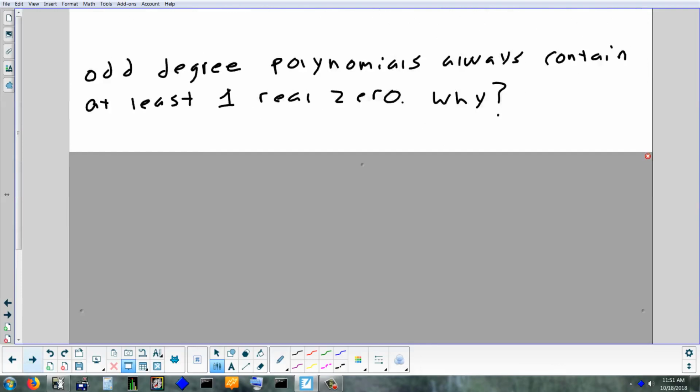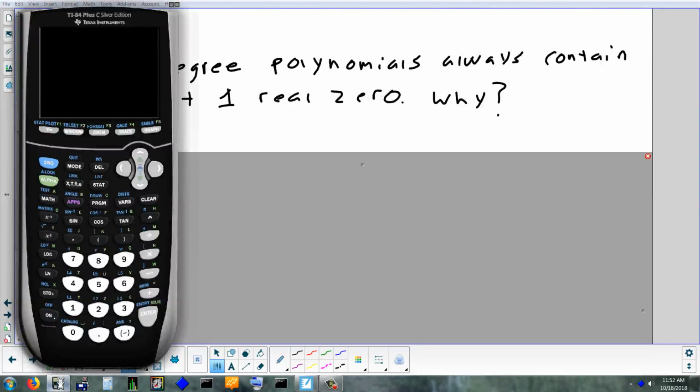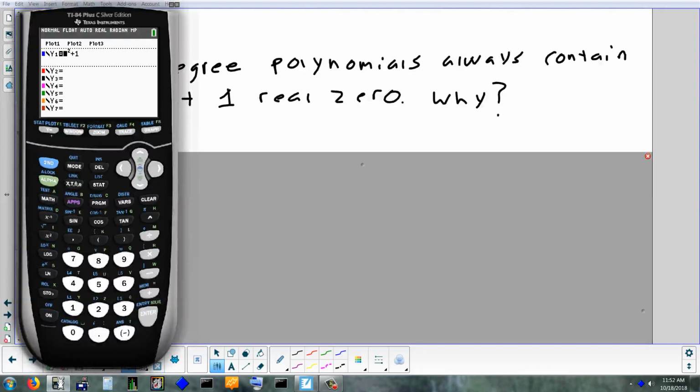Okay. Odd degree polynomials, like to the third power, fifth power. If you remember when you graph any odd degree polynomial, let's just do x to the third minus 2x. Okay, it doesn't matter. As long as the highest exponent is an odd number. Look at how that looks.